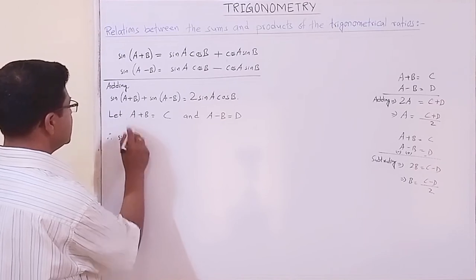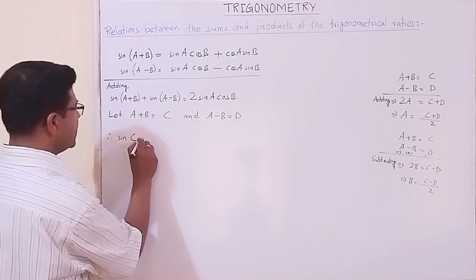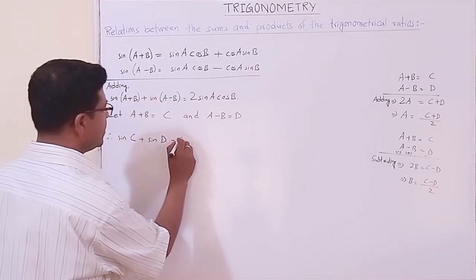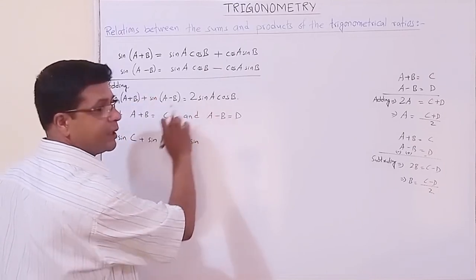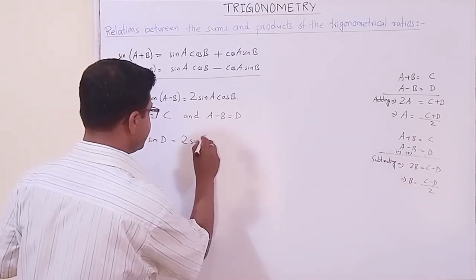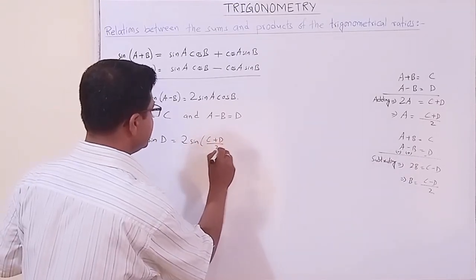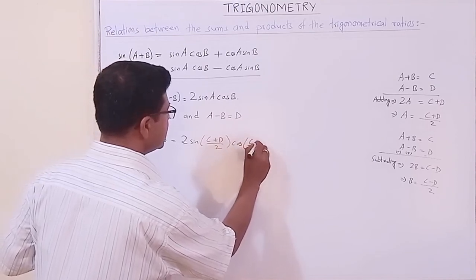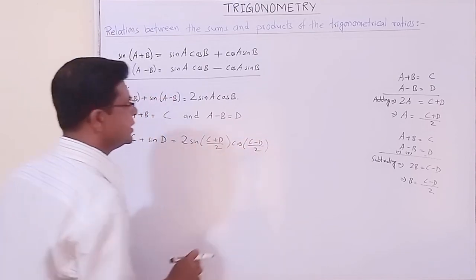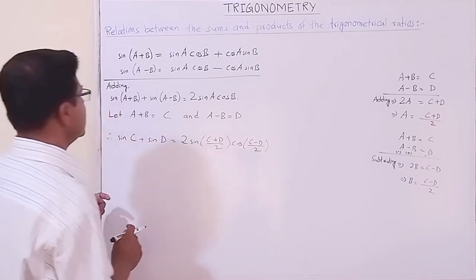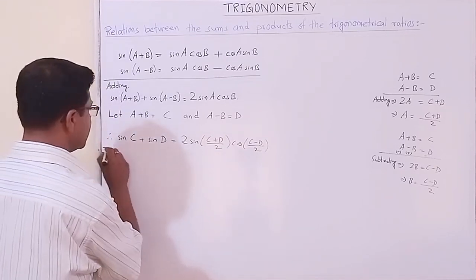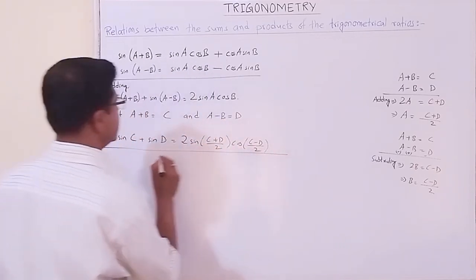Sin(a+b) means sin C, plus sin D, equal to twice sin of a, which is (C+D)/2, cos of b, which is (C-D)/2. Is it okay? Now what do we do next? This topic is done.